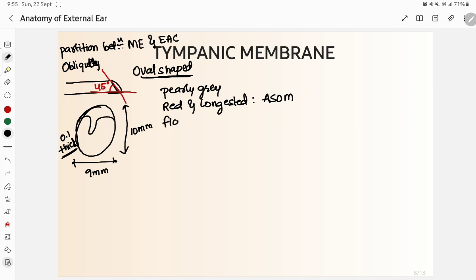If it is flamingo pink, like the bird flamingo, yes, like that bird, then it suggests otosclerosis. We'll learn about these diseases in further classes. So these are a few important introductions regarding your tympanic membrane.